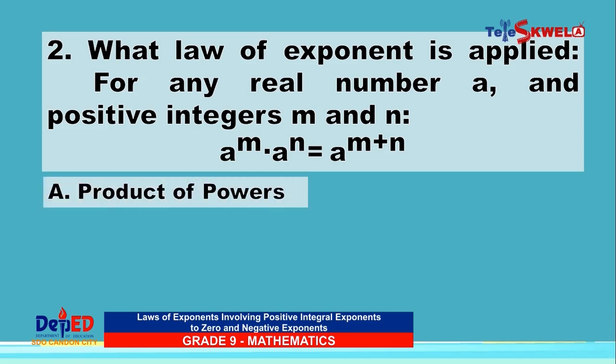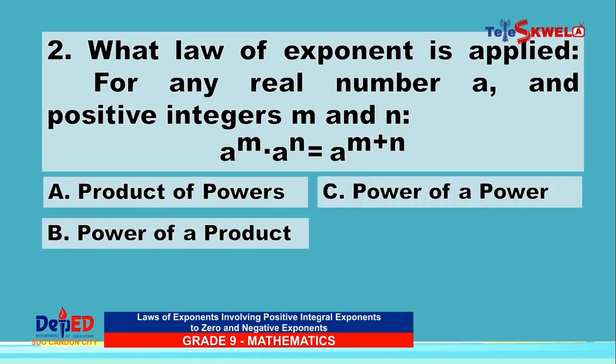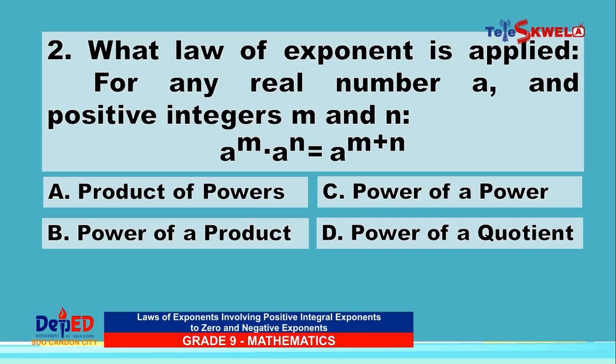Is it A, product of powers, B, power of a product, C, power of a power, or D, power of a quotient? The correct answer is A, product of powers.